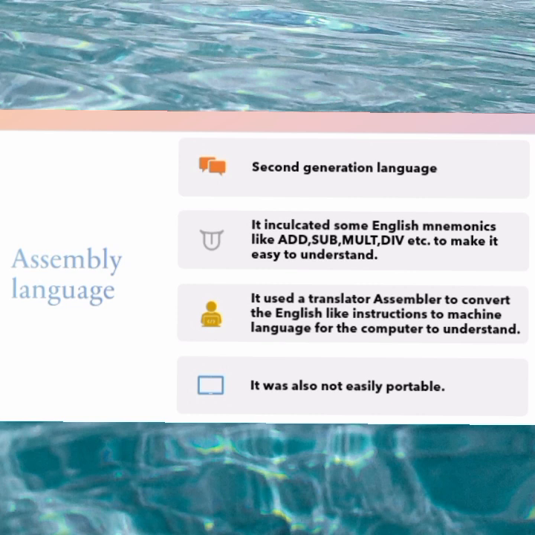Here also at times it was portable, but at times it was not portable at all. People could understand a bit of this because of the inclusion of English. Here we see that for the first time in computer programming languages a translator was used. So this was all about assembly language.